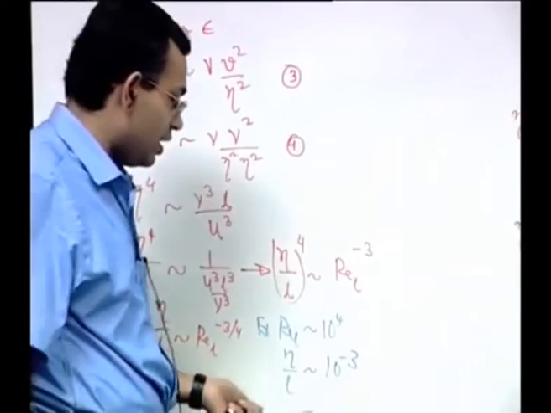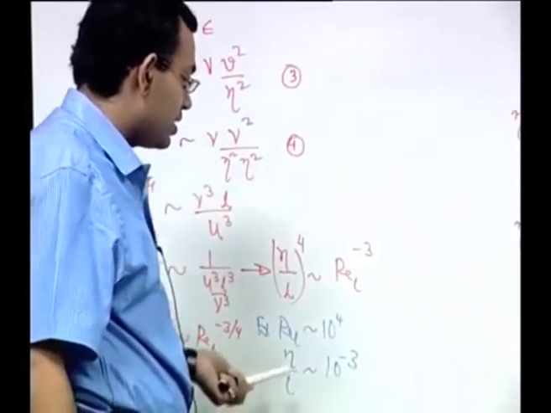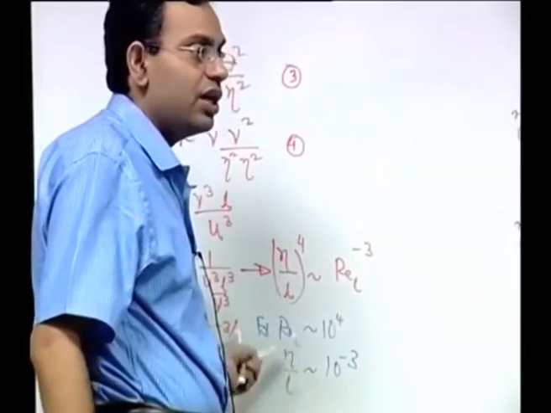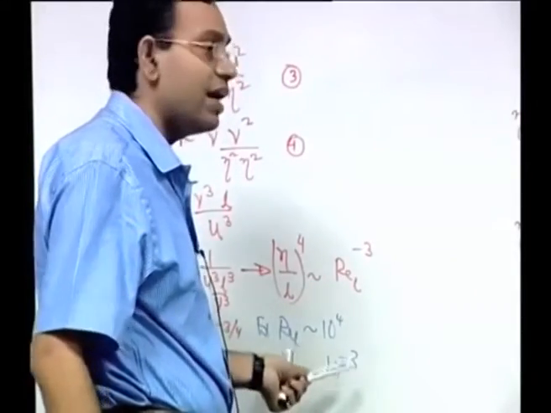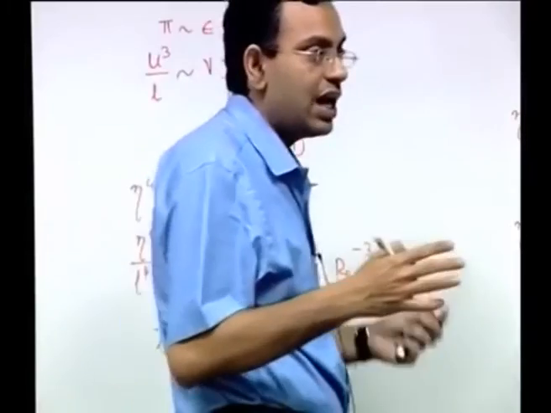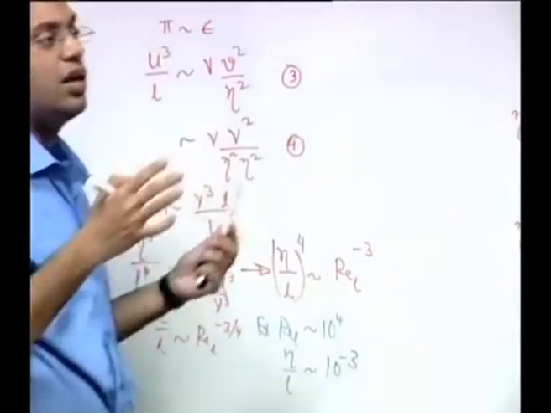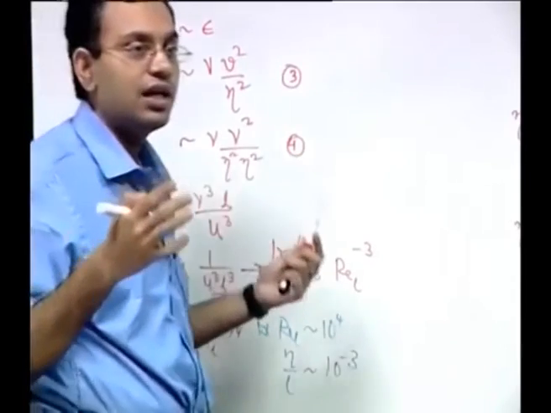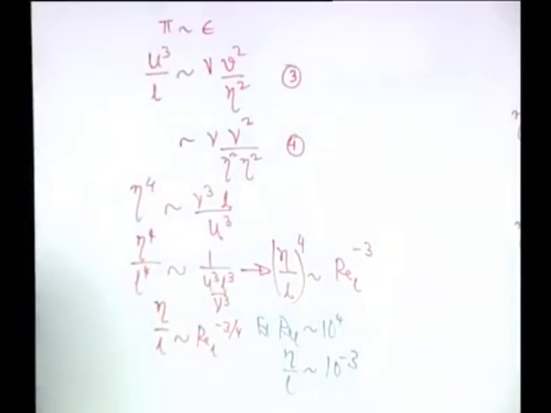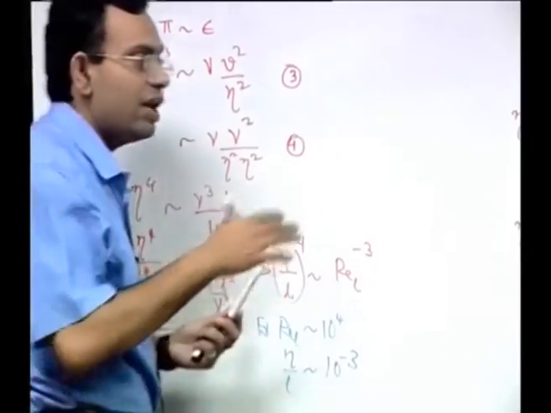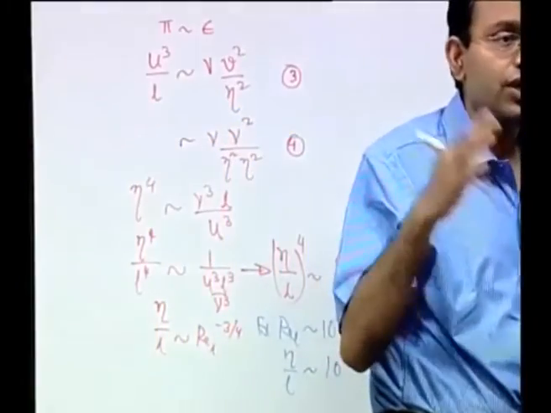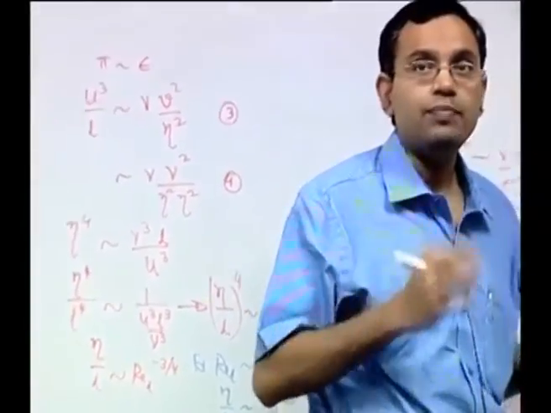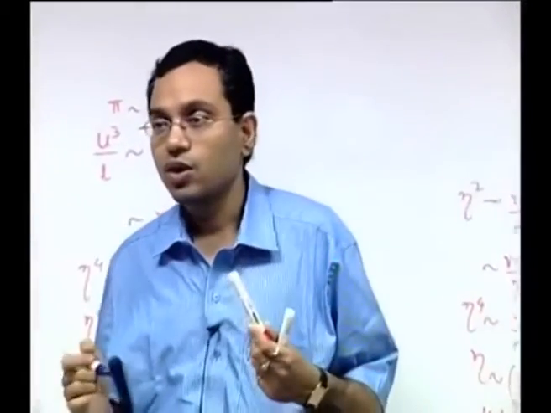So if it is 10 to the power minus 3, then we can see that the largest eddy scale and the smallest eddy scale differ by this order, which is quite large, and the greater the Reynolds number, the more the length scales will differ. So you have a large eddy which has its own characteristics, and you need to capture that if you are trying to capture the physics of turbulent flow.